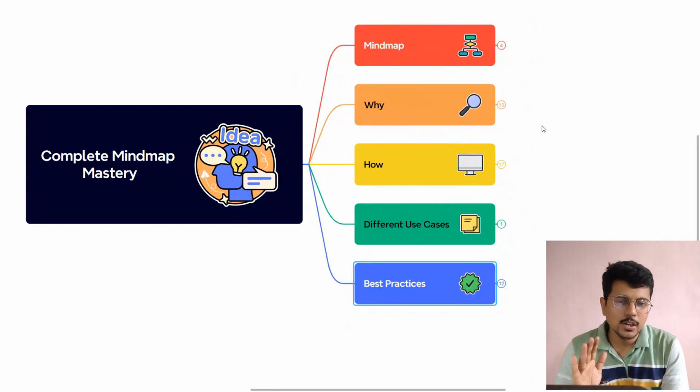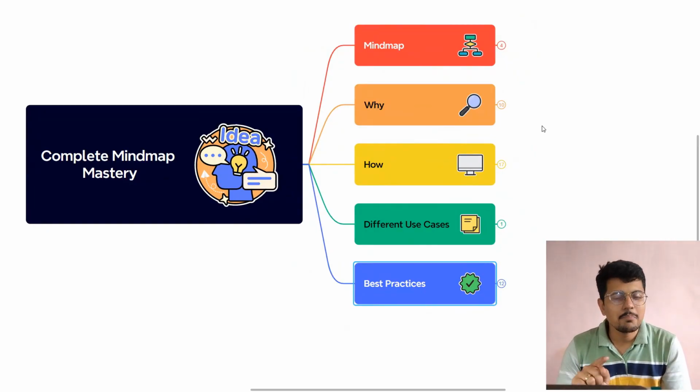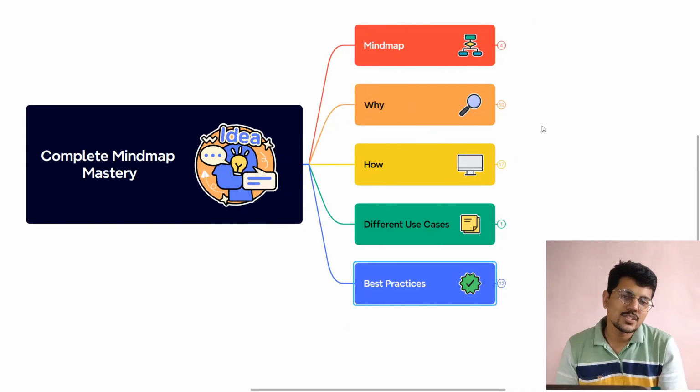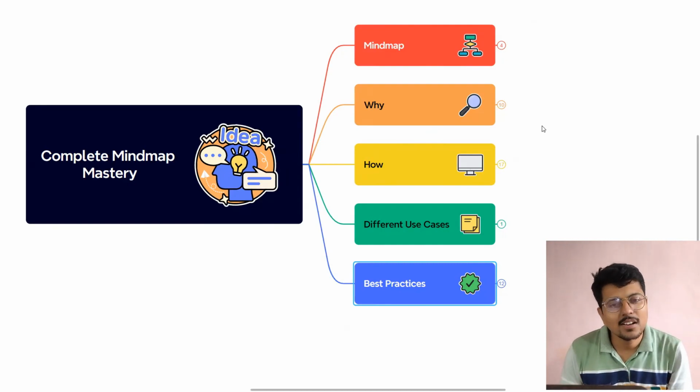Just think about it, take 2 minutes and write down your motivation, why you want to learn the mind map. Then we will begin with the how part. That is easy, but the why part will define your motivation, and that will help you stay on course to complete this entire learning.